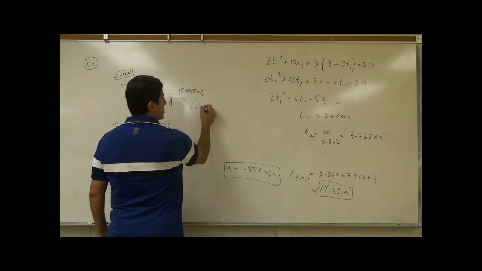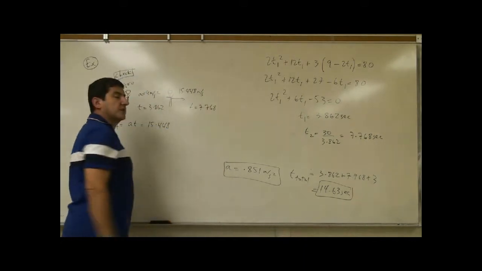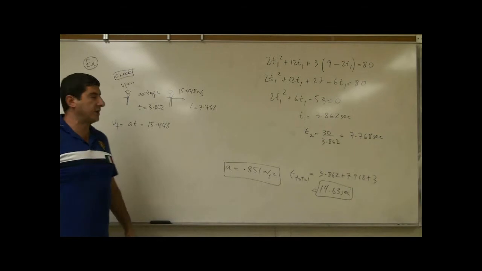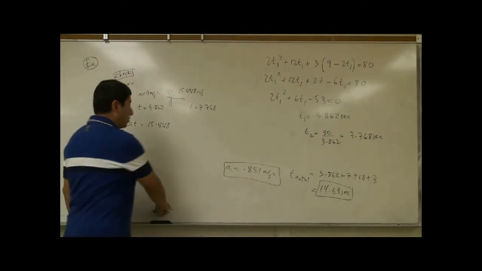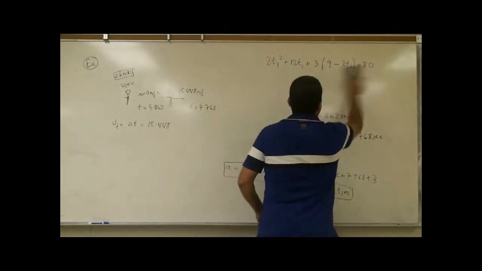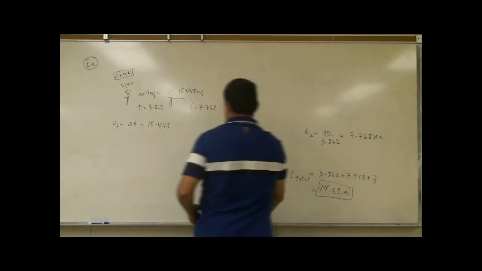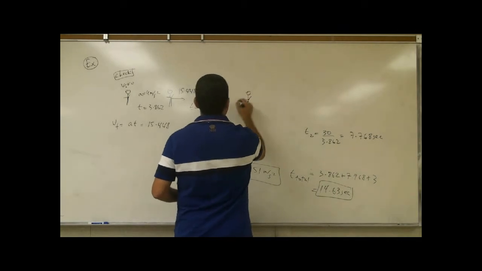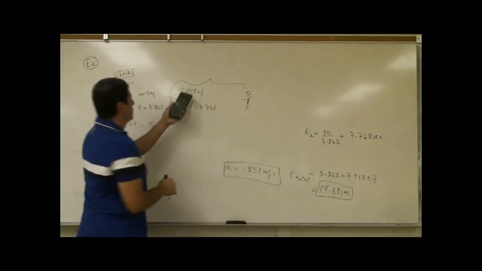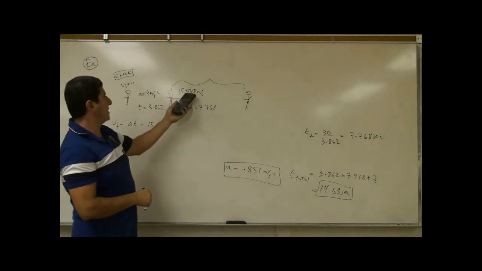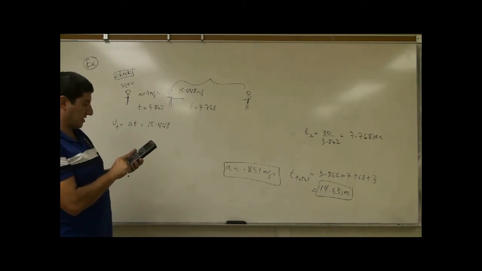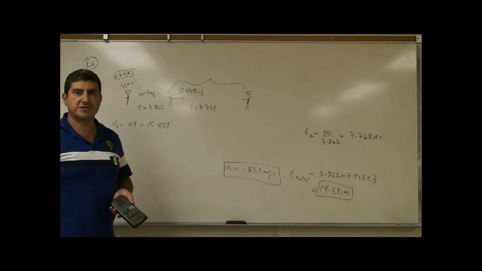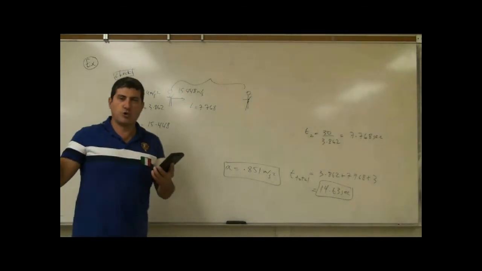So now the second time interval is 7.768, right? So if you go constant velocity of 15.448 for a time of 7.768, what's the distance that you're going to cover? Just the product of the two, right? Velocity times time. So 15.448 times 7.768, 120 meters, right? 120.000064.